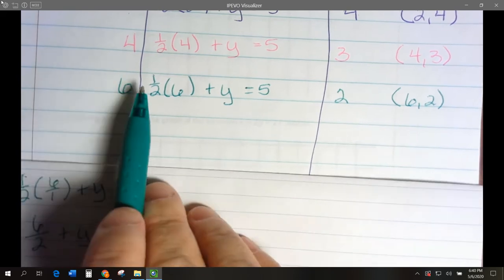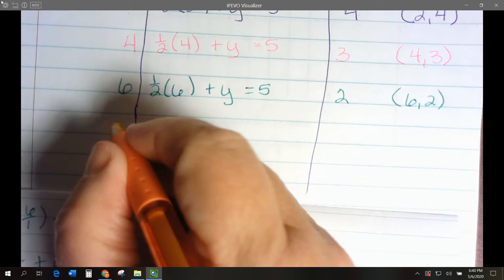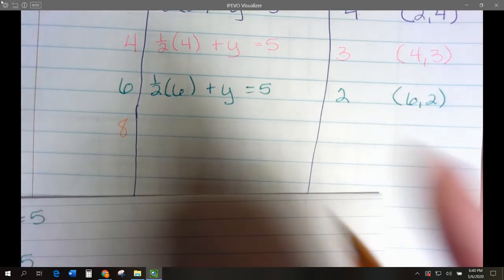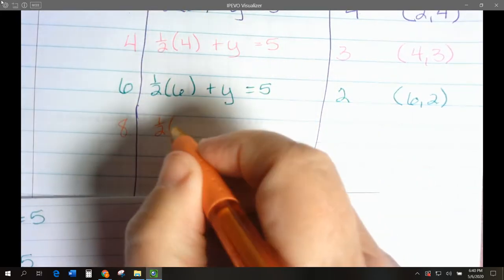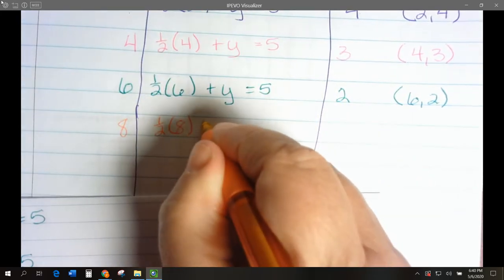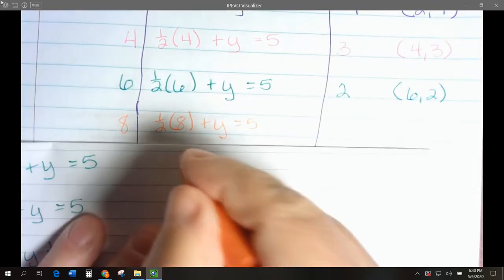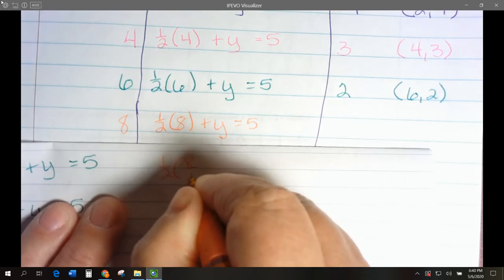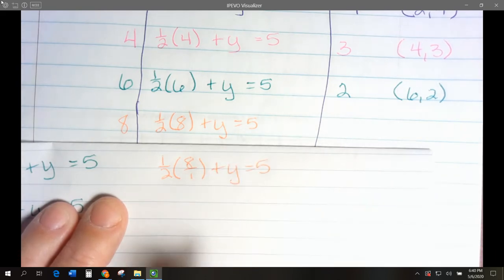So we did 2, 4, 6. Let's do 8. So we're going to do 1/2, put in 8 for X, plus Y equals 5. You're going to write it as 1/2 times 8 over 1 plus Y equals 5.